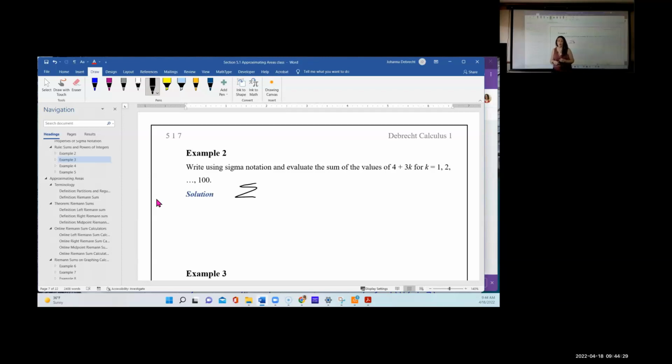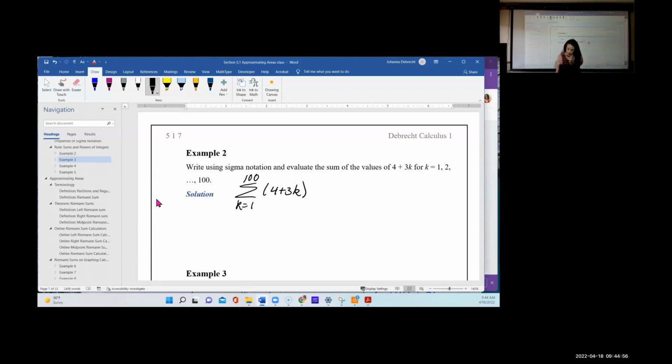This should be k equal what to what? 1 to 100. Yep. And someone else tell me what the summand is. 4 plus 3k.